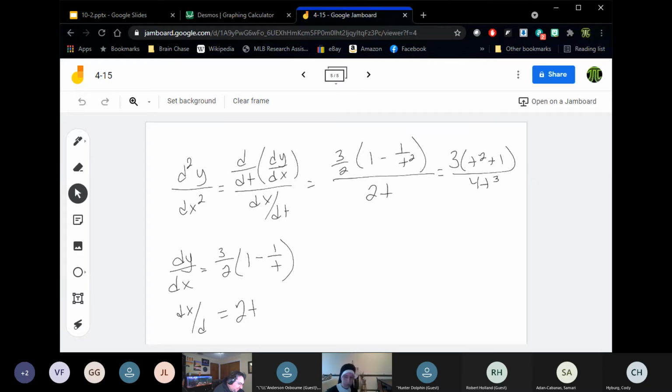Does everybody understand how I found the derivative of this? So you took the derivative of the top one, but why isn't 2t become just 2? Because you're not doing the second derivative of that. That's just the dx dt. Okay.